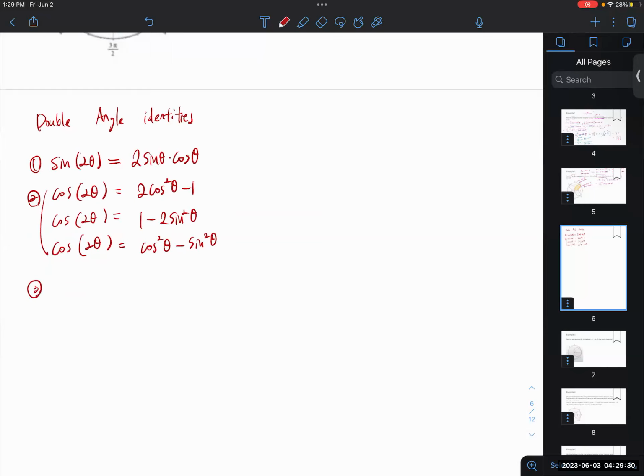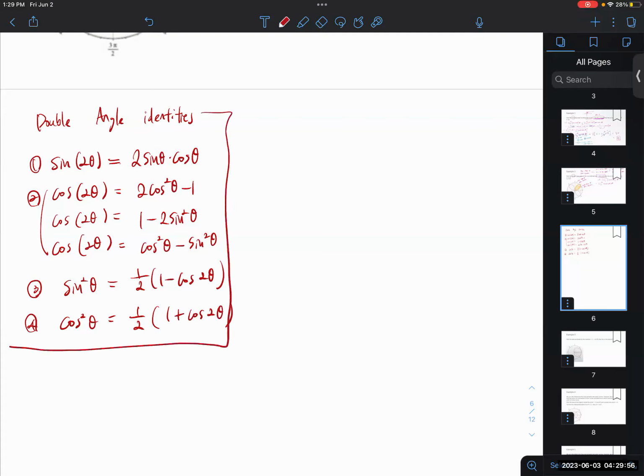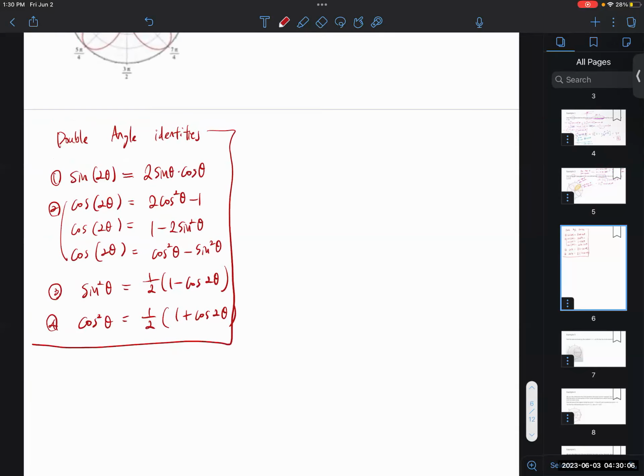Third, if you have sine squared theta and want to reduce the exponent, it equals 1 over 2 times (1 minus cosine 2 theta). And last, cosine squared theta equals 1 over 2 times (1 plus cosine 2 theta). These are the double angle identities you learned in calculus 2, and they are very necessary. Whenever you see a double angle or a squared exponent, we can reduce them.